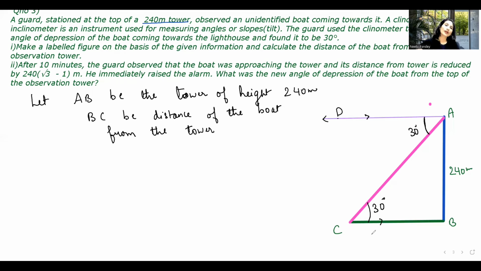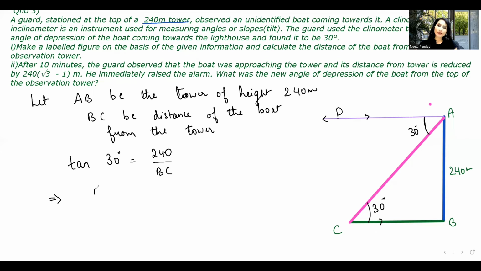Now what we have to find? We have to find BC. So for BC, if you see, this is angle C, 30 degrees. The side opposite to angle C is 240, which we know. And we have to find the distance BC, which is the adjacent side of angle C. So clearly it is a case of tan. So tan 30 degrees is equal to 240 by BC.